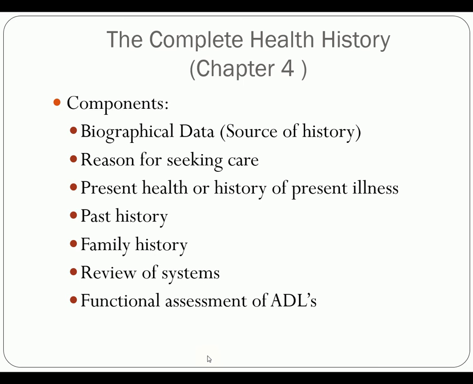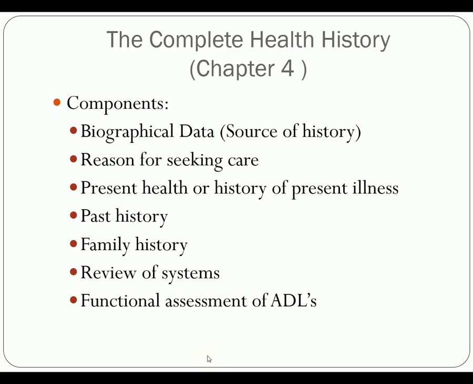Occupation, you want their usual and their present, because they may usually be a nurse, but become disabled within the last 5 months, and you would need to know that. And then the last thing there is the source of the history. That is who you are collecting that information from, and are they reliable.